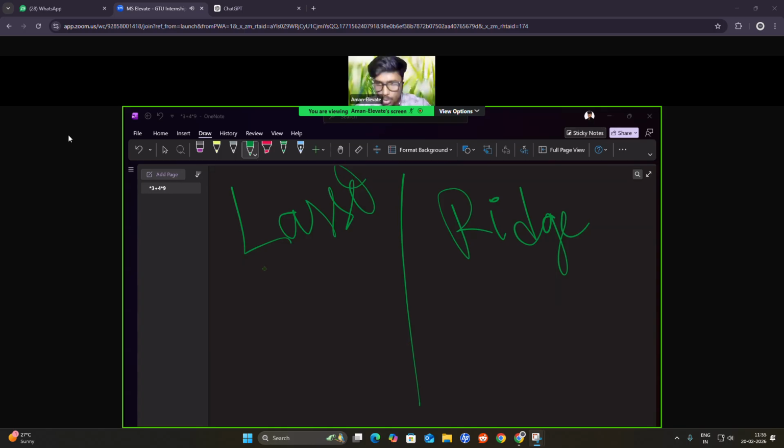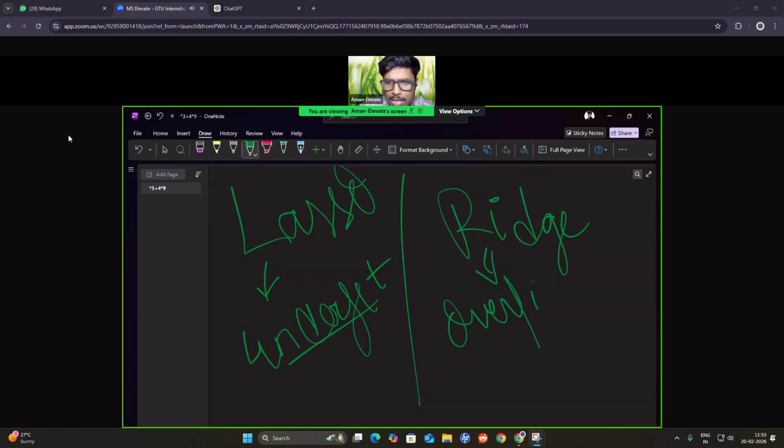So what is lasso? Lasso actually tries to take your model to underfit. Ridge is something that tries to make your model overfit.